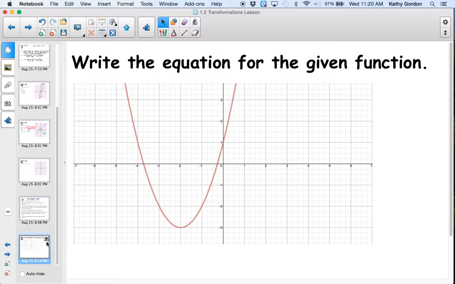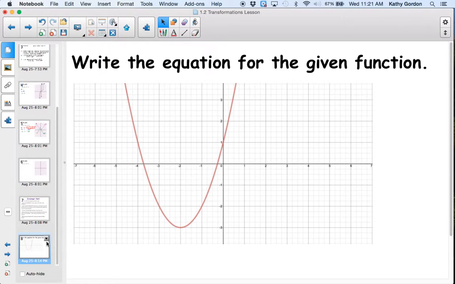Now I'm showing you what the graph of our function looks like, but what you don't see is the actual equation for it. Believe it or not, the process for doing this backwards is the same as the process for doing it the other way.